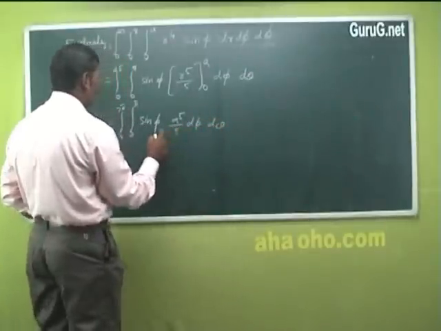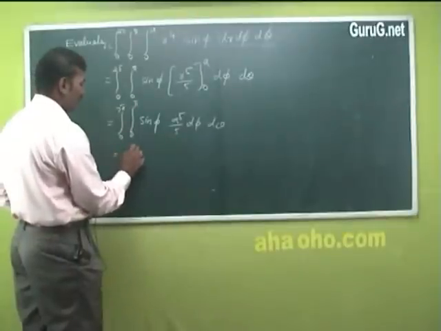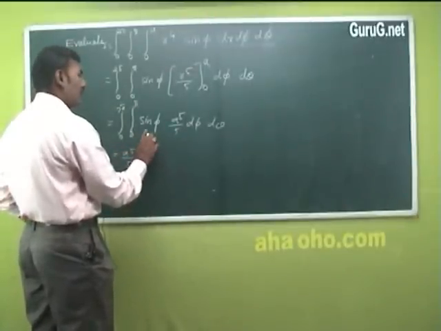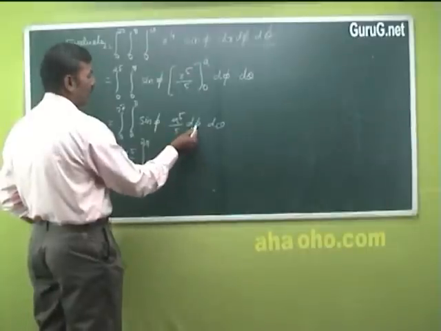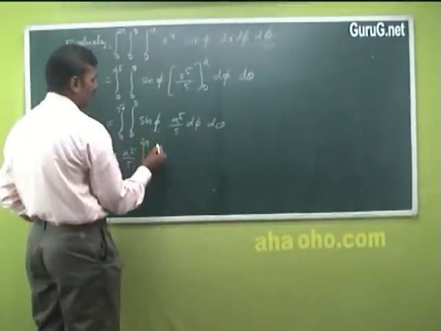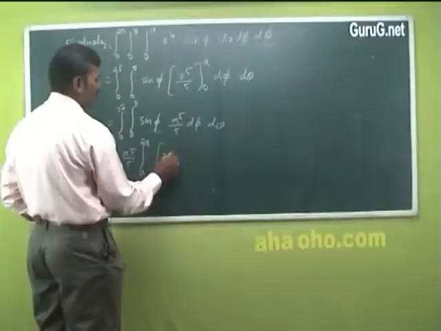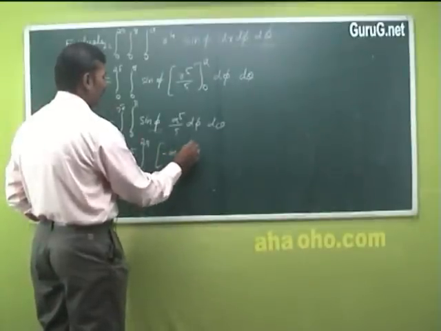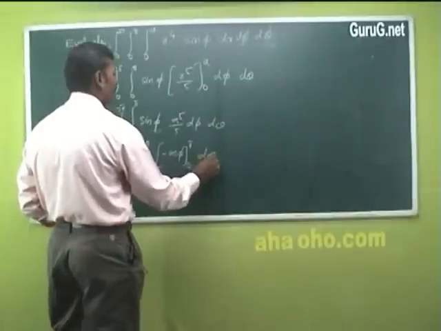This is a constant, so take a to the power 5 by 5 outside. Now integrate with respect to phi. The integration of sin phi is minus cos phi, from 0 to pi, d theta.